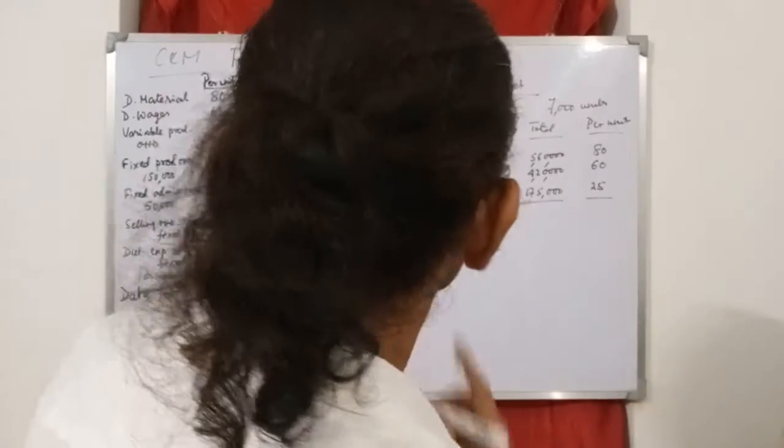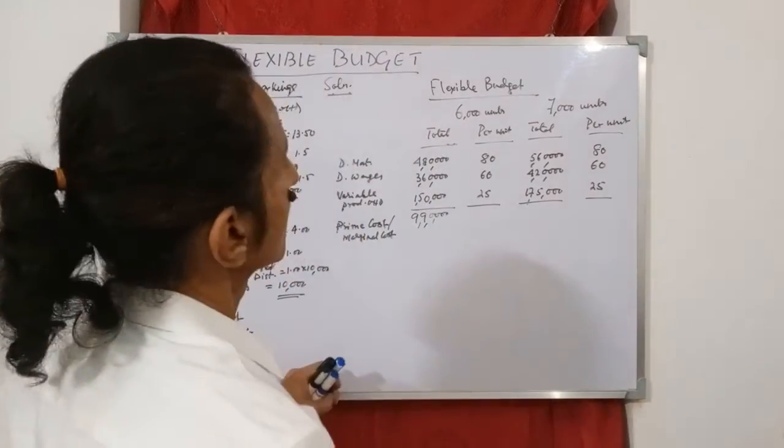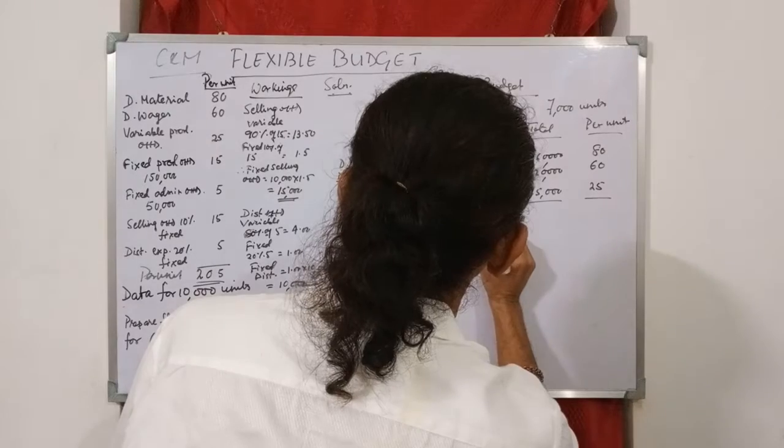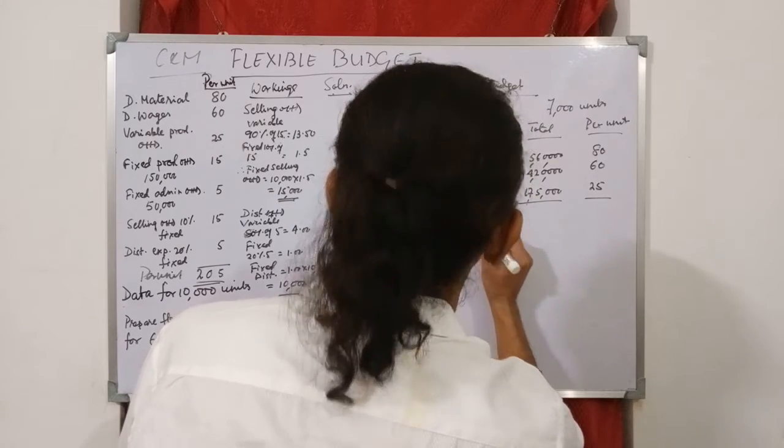So here it is 990,000, and it comes to per unit 165.